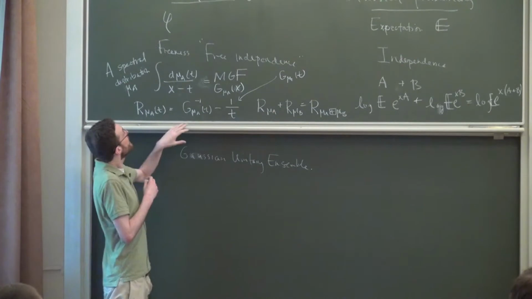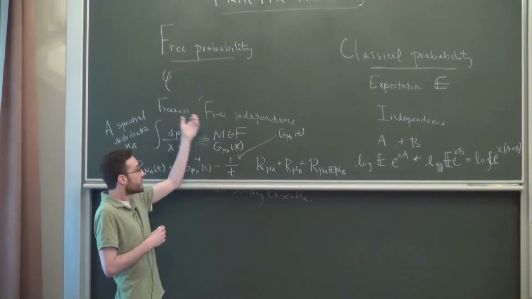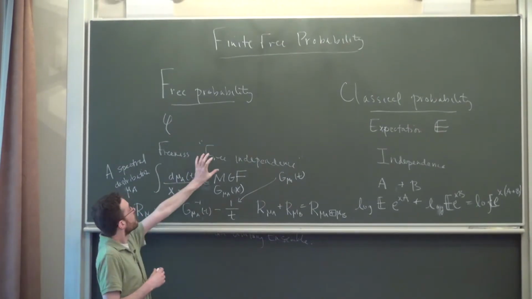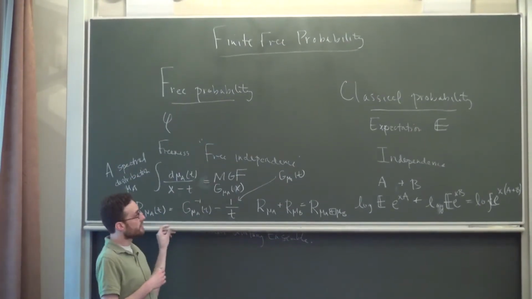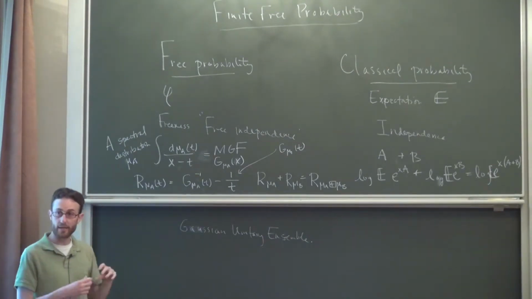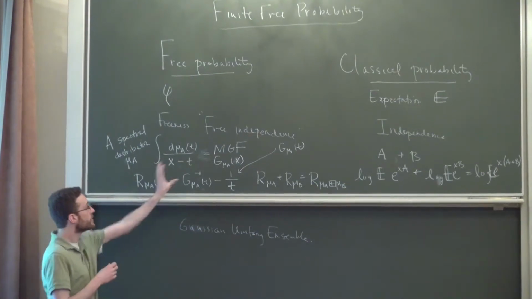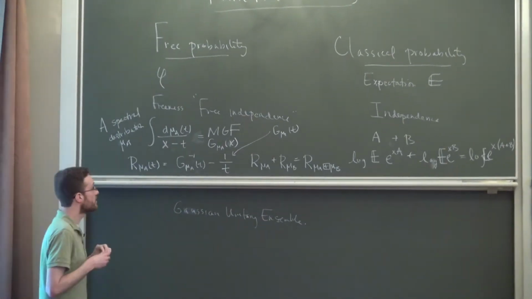Because what ends up happening is that if you have something that has finite dimension and it's free from something else, the only way for that to happen is if it's a multiple of the identity. So in order to get freeness, you have to be in infinite dimensions.